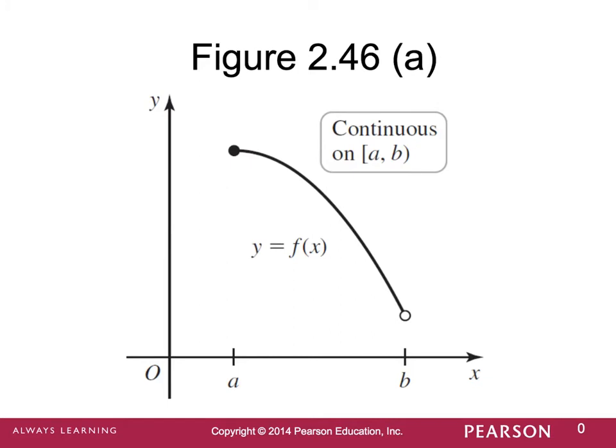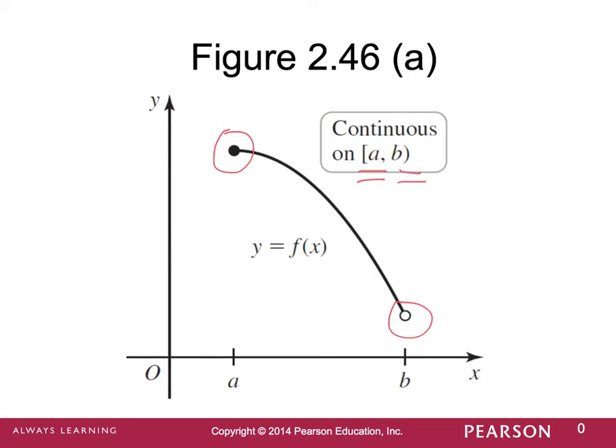Say we have this function segment here where we have a closed circle on the left and an open circle on the right. Well, we see that there are no holes or breaks in between those points a and b. So we say the function is continuous on the interval from a to b, where we include a but don't include b because we have an open circle there.